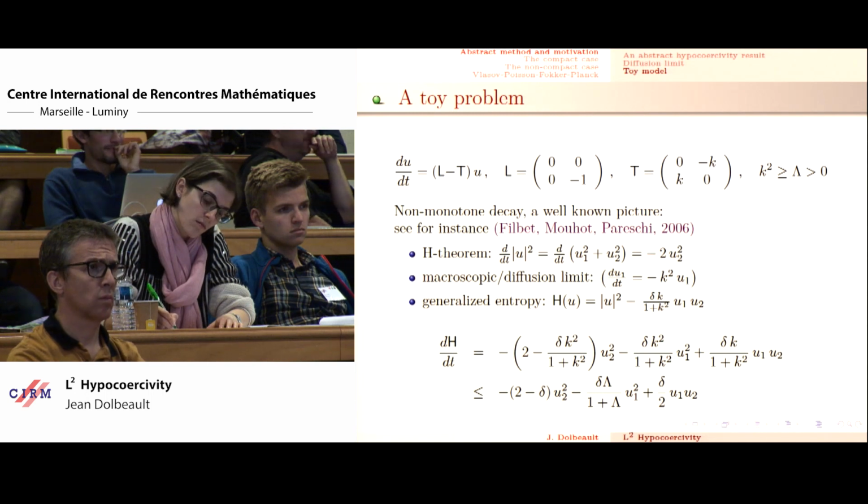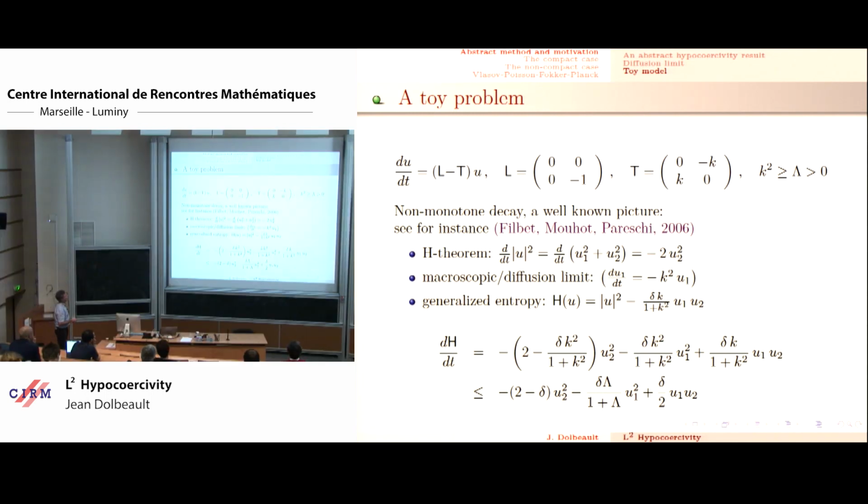Okay? And of course, if you compute the time derivative of u1 square plus u2 square, you don't see the antisymmetric part, so you just see the coercive part, which is coercive only in the second component. So you have the decay according to this.